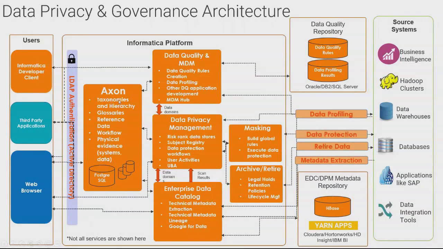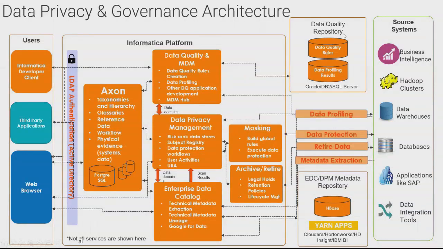So Axon being the reporting mechanism for all the systems together, the governance platform is helpful in decision making from the respective units in the organization. Data privacy management in turn interacts with the masking or archival solution for remediation of the risk.